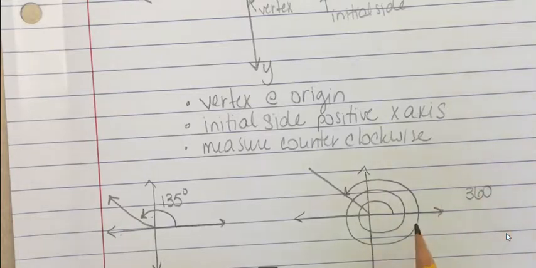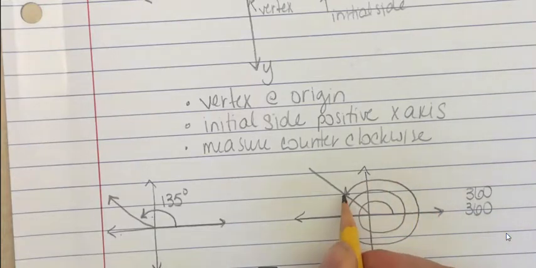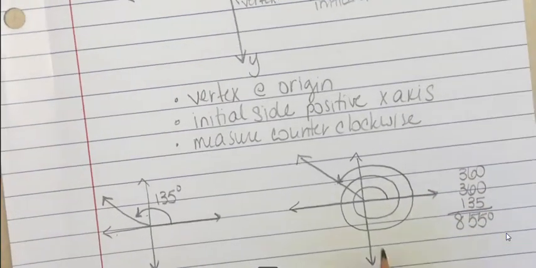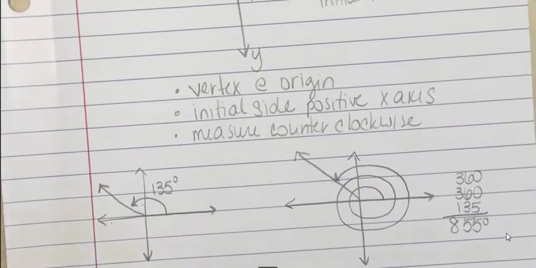We went around another time, that's another 360. Then let's pretend I got back to that 135 degree mark again, so I went another 135 degrees. Altogether I've got 720 plus 135, that's 855. So this is an 855 degree angle, and it can keep going.